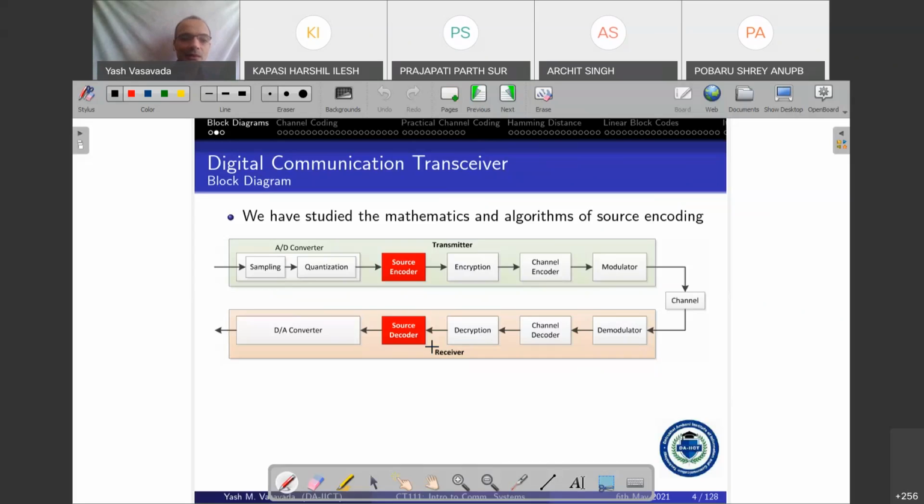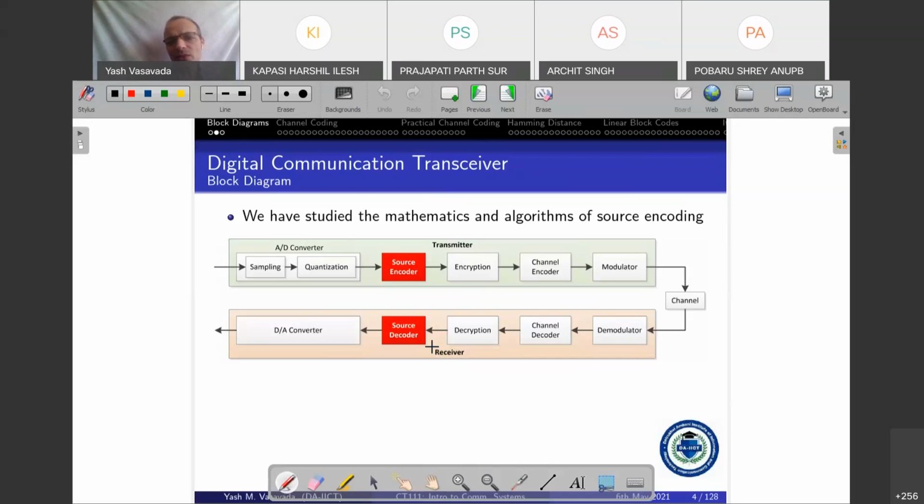In that computer networks course, this physical layer, whose block diagram is shown here, will not be as much emphasized. There, the focus will be on the upper layers. Whereas in this course, we are looking at the blood vessels of any communication system. And that is the physical layer, and that is what I have drawn over here.